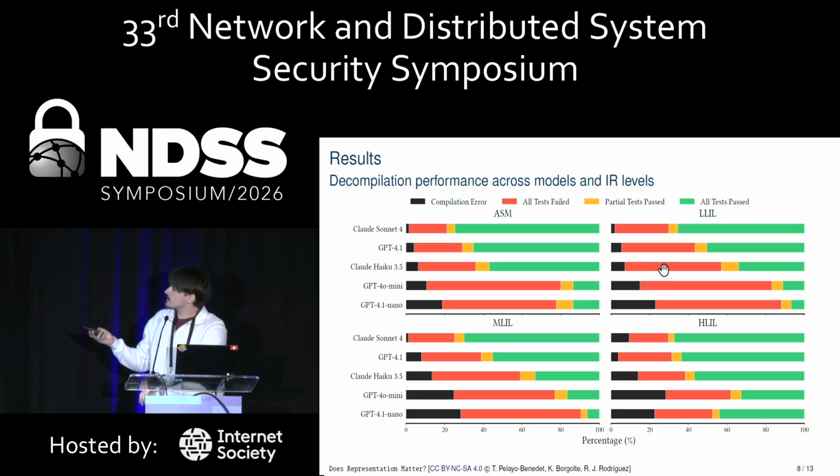We can see that for OpenAI smaller models, for all of the first 3 intermediate representations, the performance is very low, but for the high-level representation, we can achieve a little less than 50% accuracy.